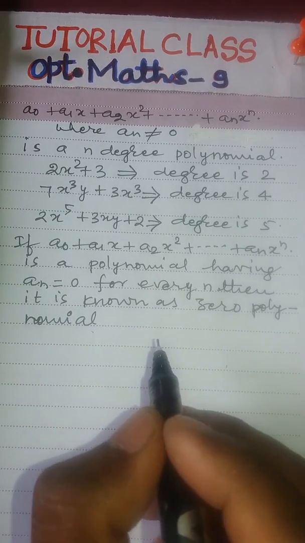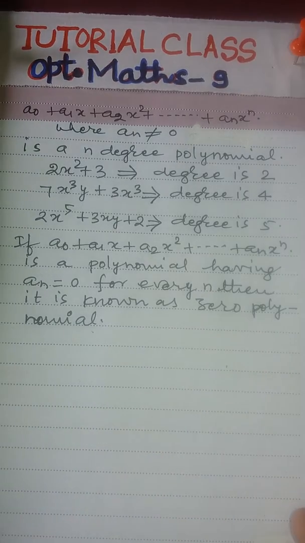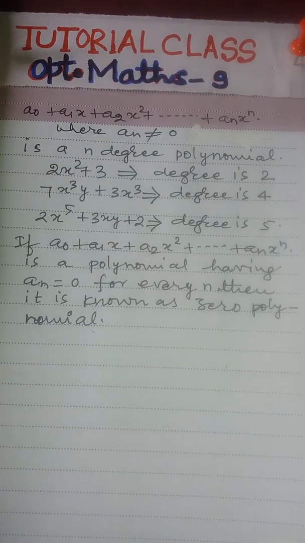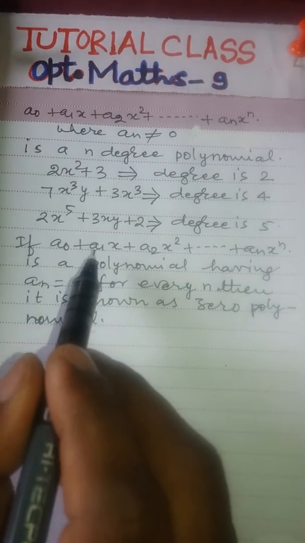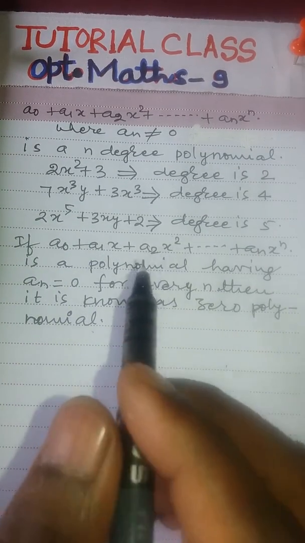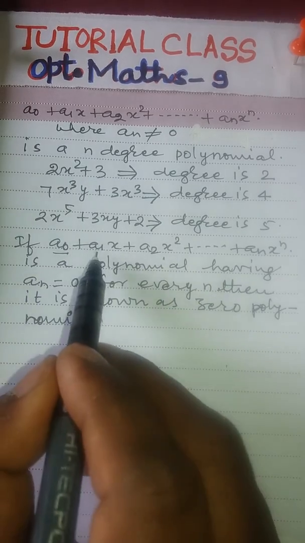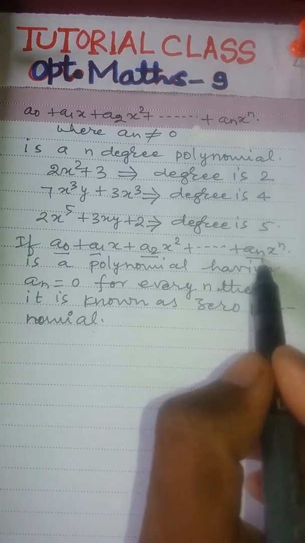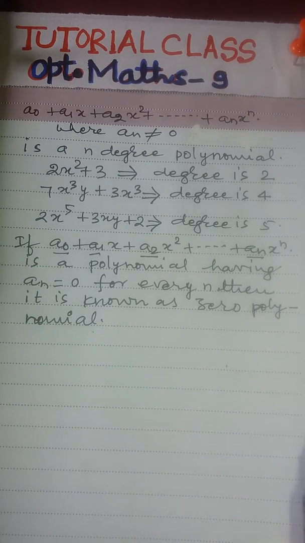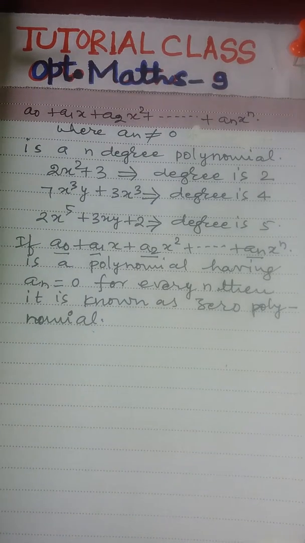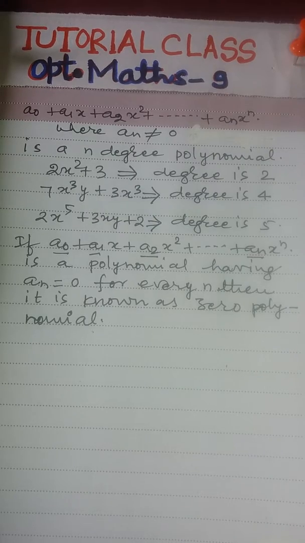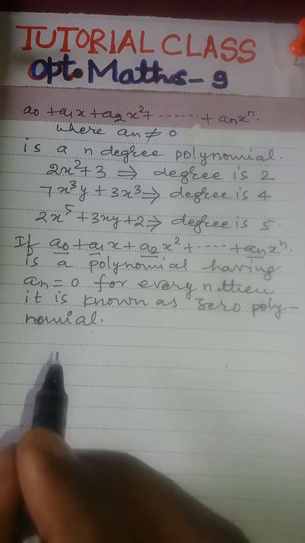It is very clear that, to be a zero polynomial, each and every coefficient of the powers is 0. This is also 0, this is also 0, this is also 0. Then its value is 0, and that is called the zero polynomial.